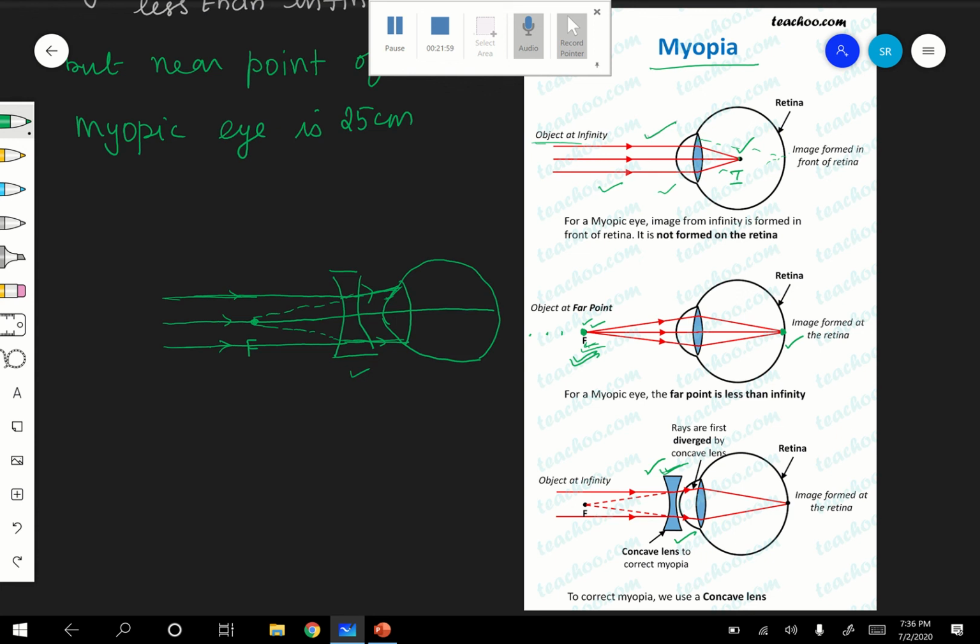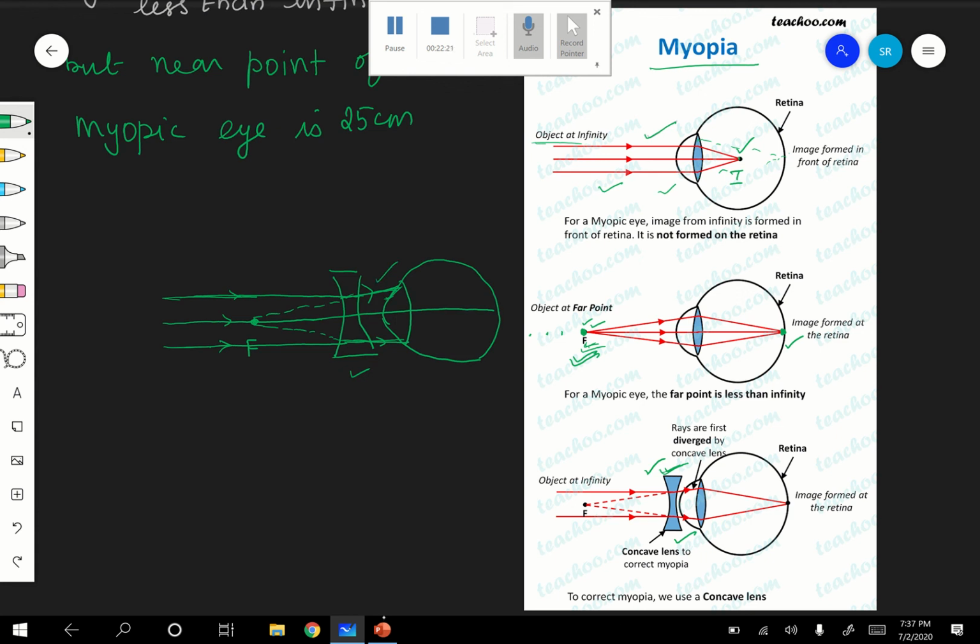That is very important. Some may have the far point at 150 centimeter, some at 100 centimeter, some at 75 centimeter. So depending upon that, the diverging ability, the parallel rays will be diverged.